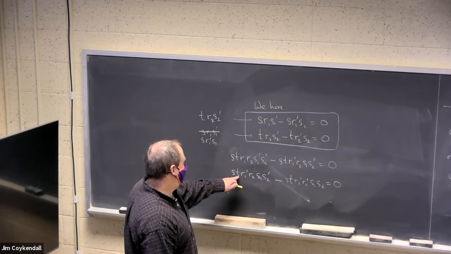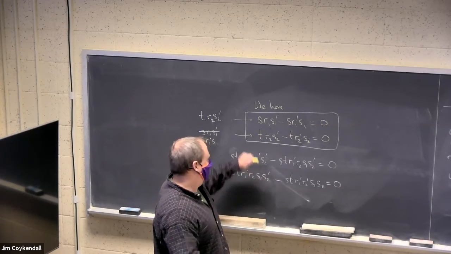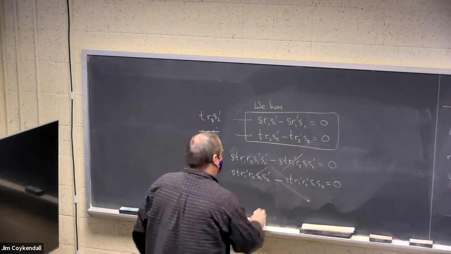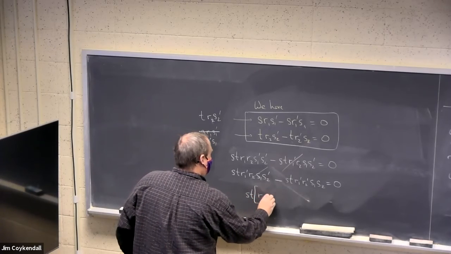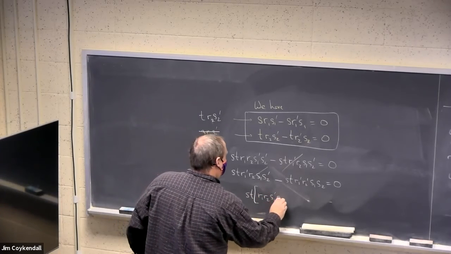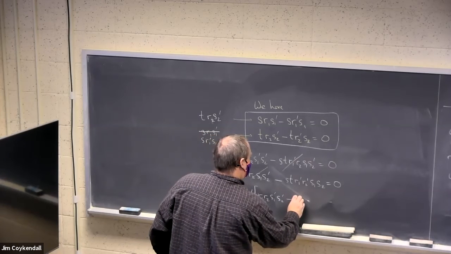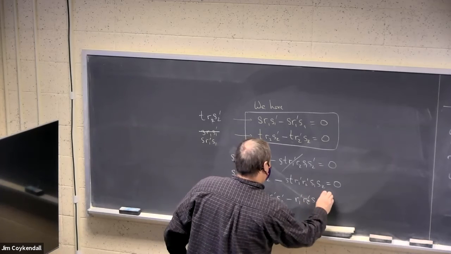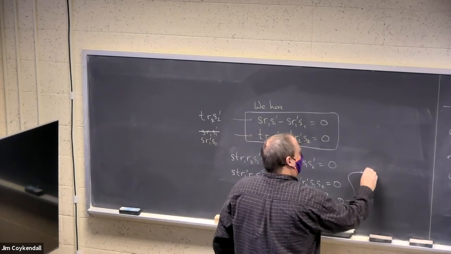We'll see. ST R1 prime, R2, S. Righteous. So if you add these up, you get ST times R1, R2, S1 prime, minus R1 prime, R2 prime, S1. And so multiplication.